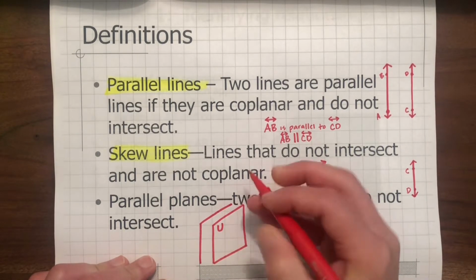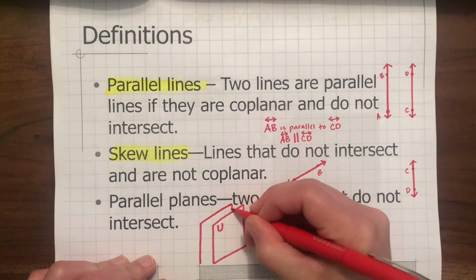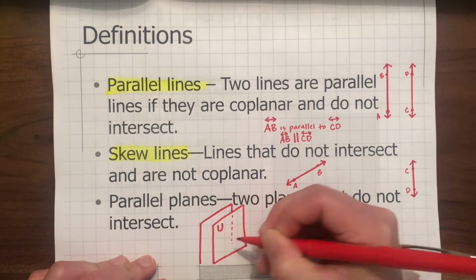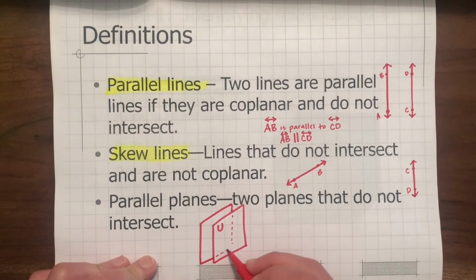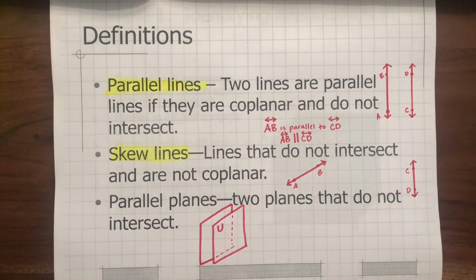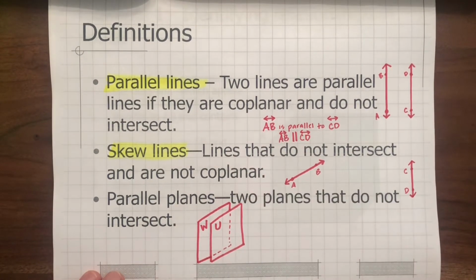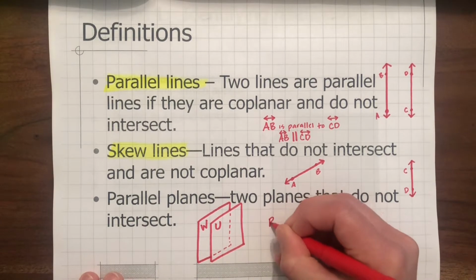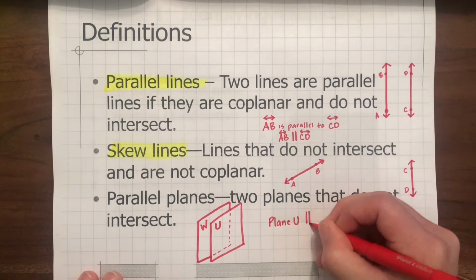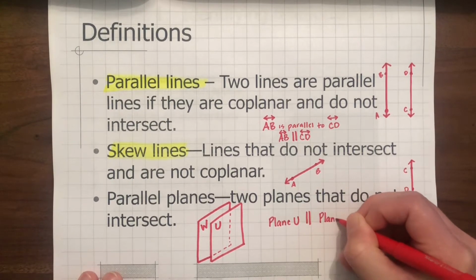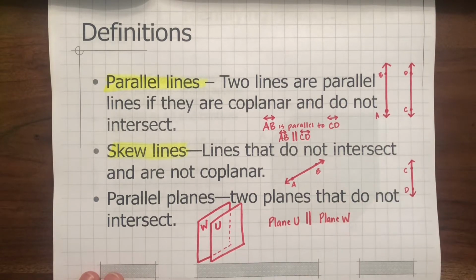They're right next to each other. The only difference is they don't intersect, okay? And we're going to call this plane W. All right. And then the way we would list this is plane U is parallel to plane W.